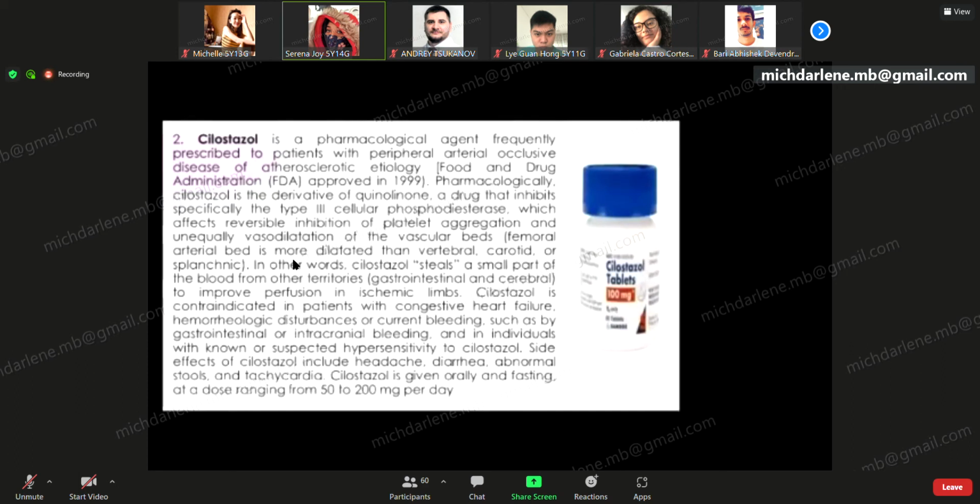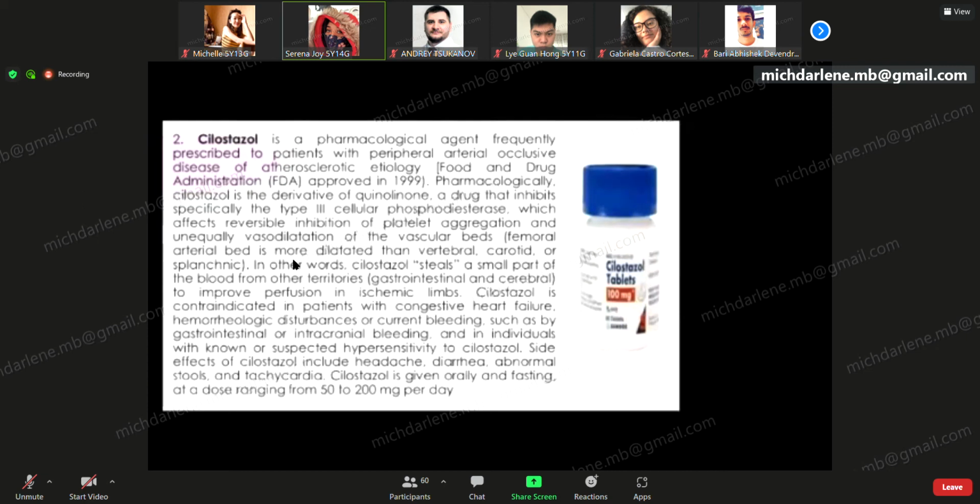Cilostazol is a pharmacological agent frequently prescribed to patients with peripheral artery occlusive disease of atherosclerotic etiology. Cilostazol is a derivative of quinolone, a drug that specifically inhibits type 3 cellular phosphodiesterase, which causes reversible inhibition of platelet aggregation and vasodilatation of the vascular beds.